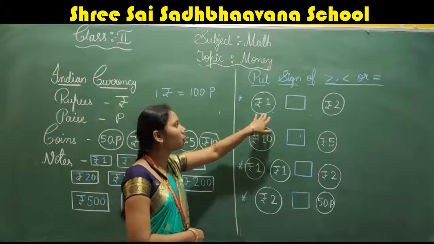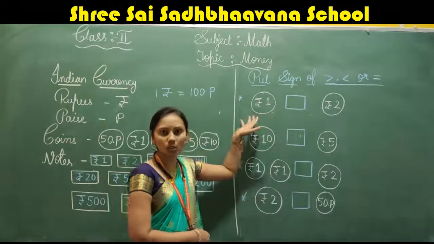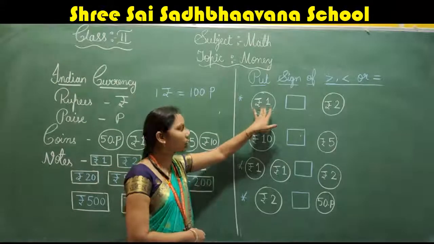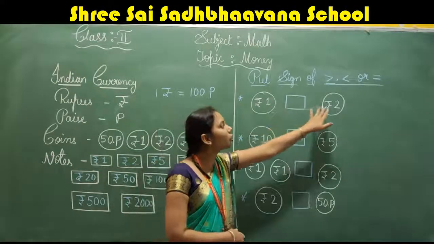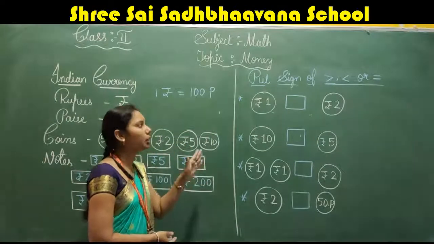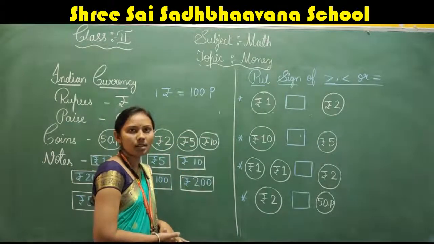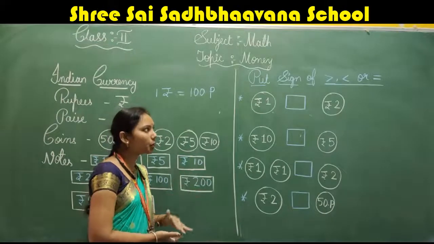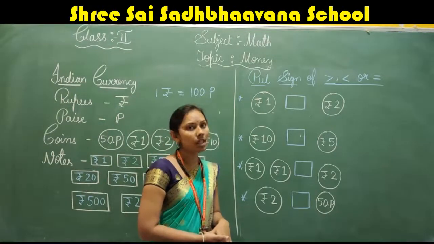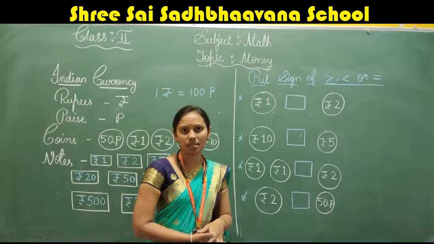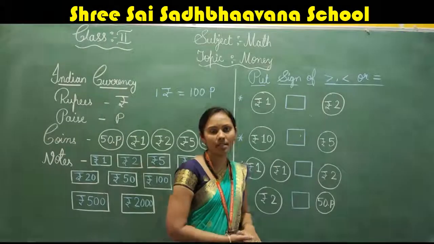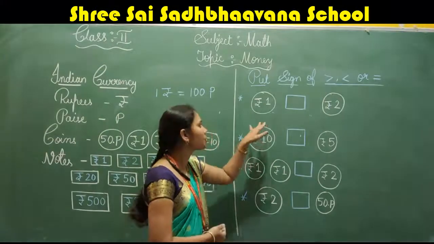Here I have shown you two coins, the 1 rupee coin and the 2 rupee coin. Let us compare the two coins and tell which has more value by using this sign.